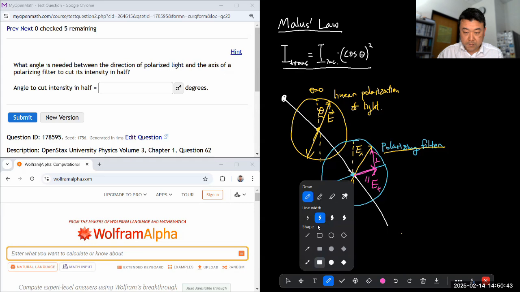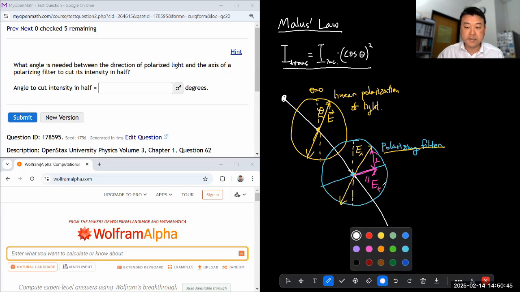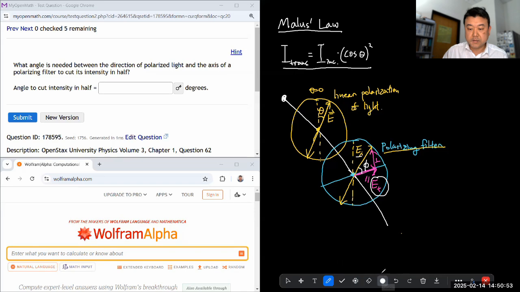Looking at this geometry, you can figure out the amplitude of this relative to that. Based on this angle, let me call that phi, we can say the transmitted electric field, the magnitude, is the incident electric field times this projection here. It's the adjacent side, so it should be cosine of phi.